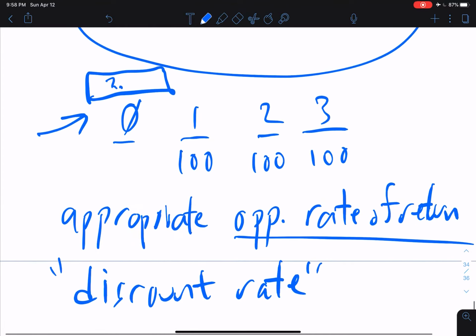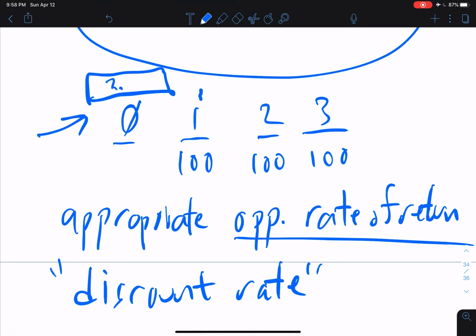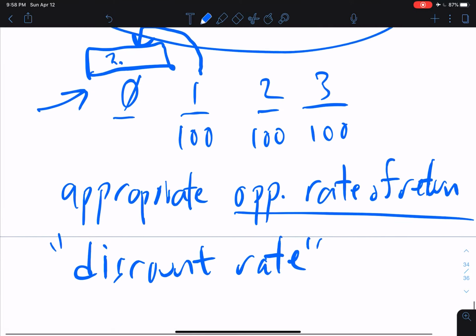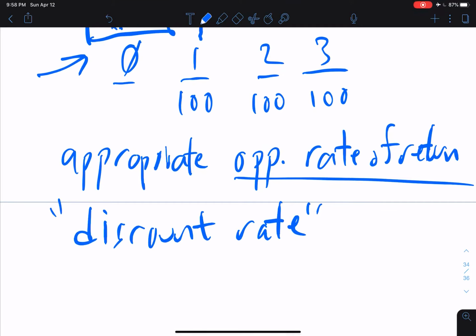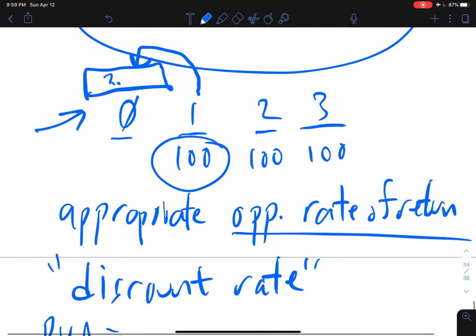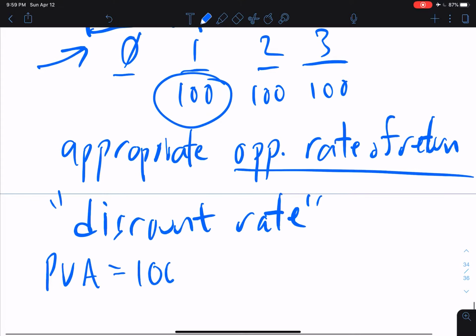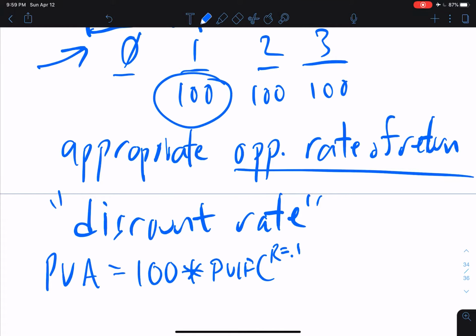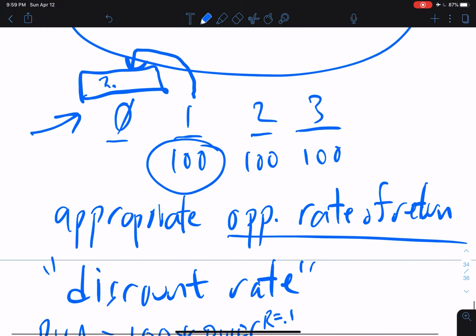So the date 0 value here of that date 1 cash flow of $100 is, so if what I'm after here is the present value of this annuity, that $100 multiplied by a present value interest factor, where we have our value of R, let's just say that's 10%, 0.1 decimal equivalent.